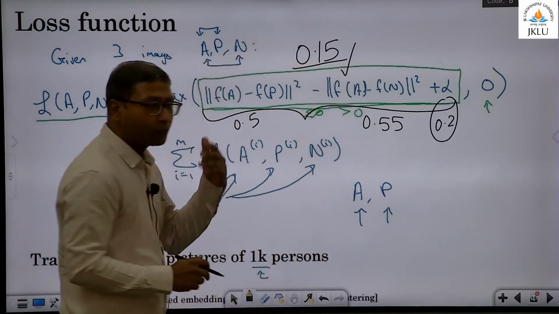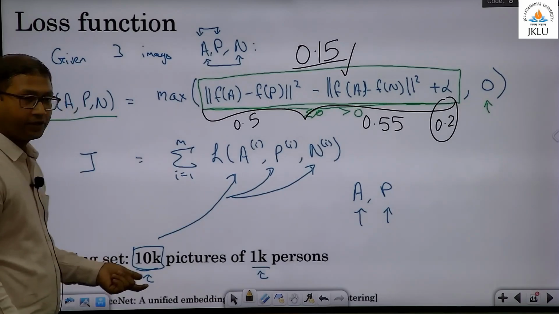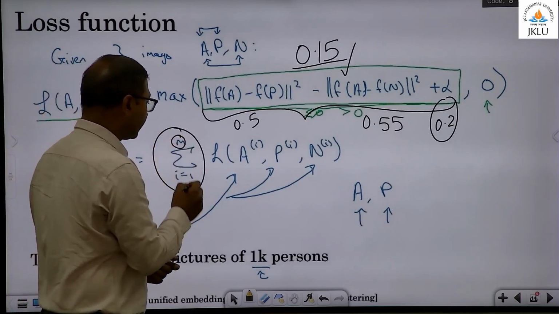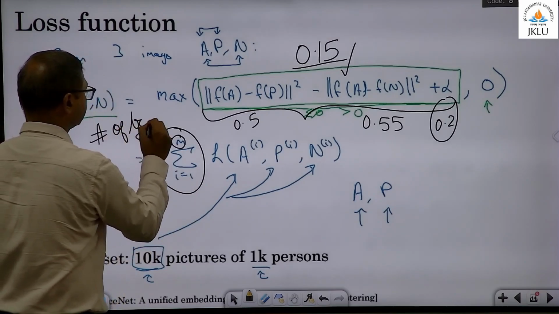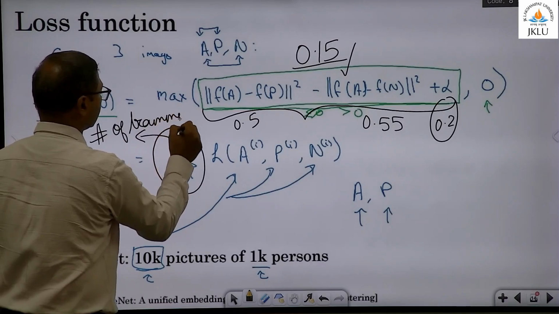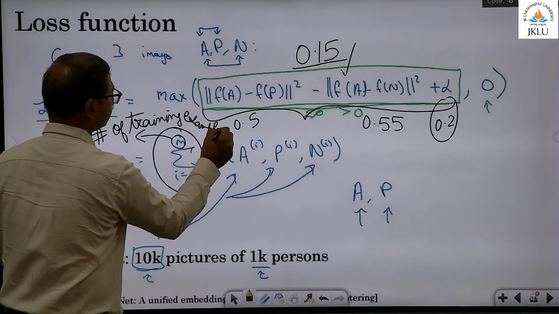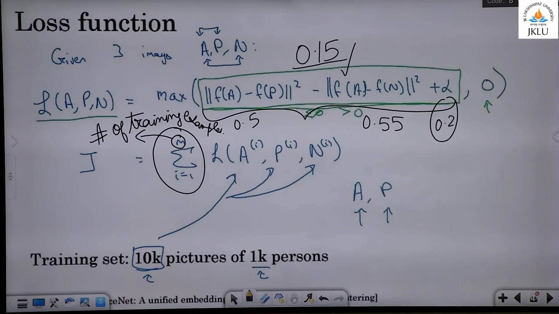Okay, and you keep on doing this for all the examples. What will you finally do? So M has always represented the number of training examples, and you just sum over them. Okay.